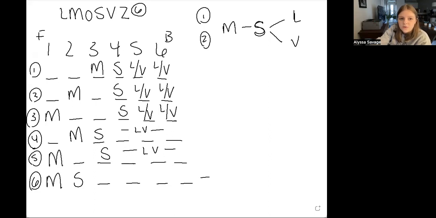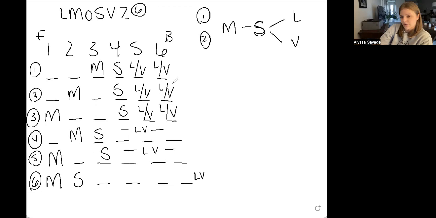And in my last world, world number 6, L and V pretty much become floaters at this point, because any spot that I put L or V, it's never going to violate the rule that S has to come before it. So I can never accidentally put L or V before S. There's no spots that I could mistake that for. So I'm just going to put L and V over here.